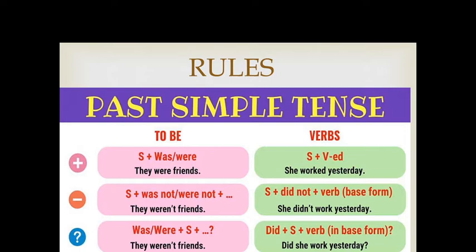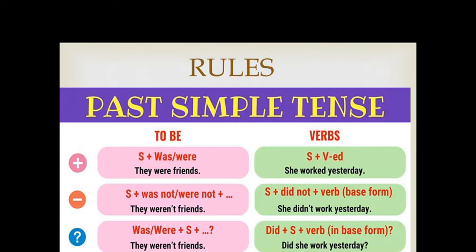If you change it into negative, then you will add not after was or were. They were not friends. Now change it into an interrogative sentence or question, then start with was or were.